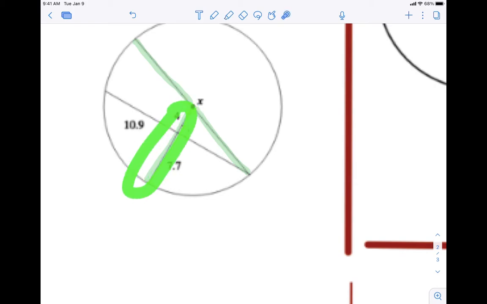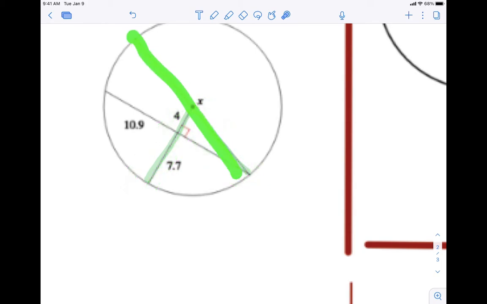this is equal to one of these here, which is half of this whole thing. So half of x from here to here is equal to this also radius from x to there.